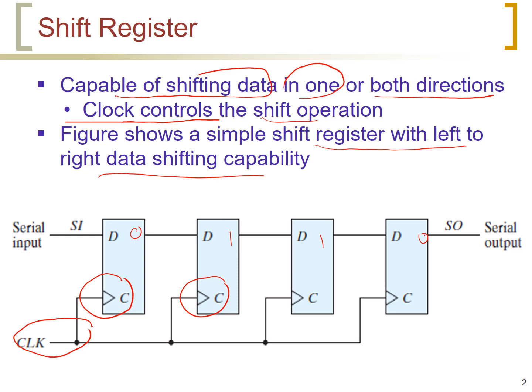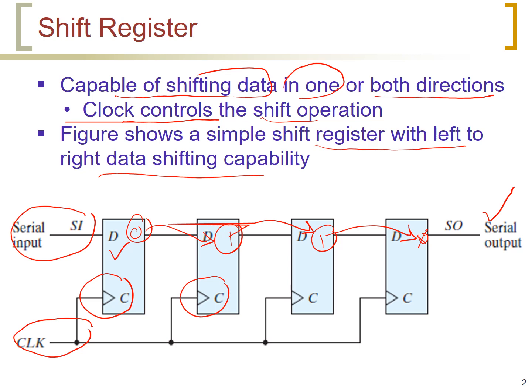So this 0 will be transmitted as serial output, and it is replaced by this 1, which comes here, and this 1 will come here, and 0 will come here, and the serial input will come to the first flip-flop.